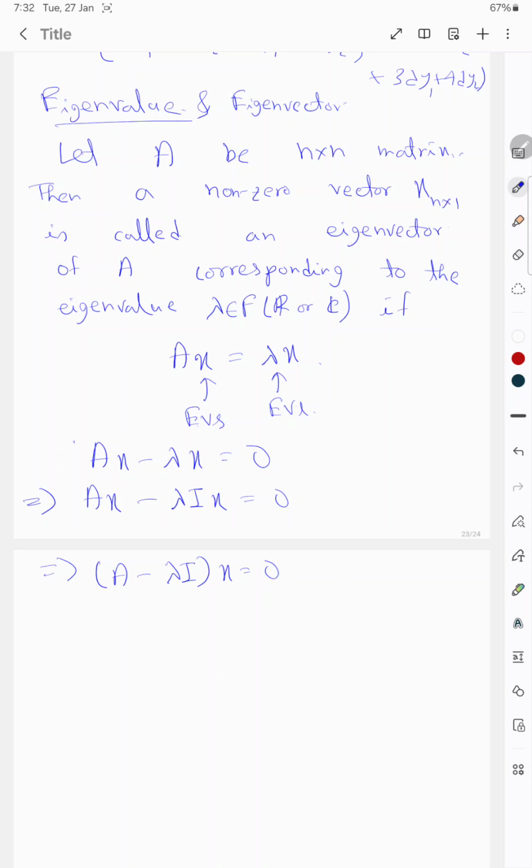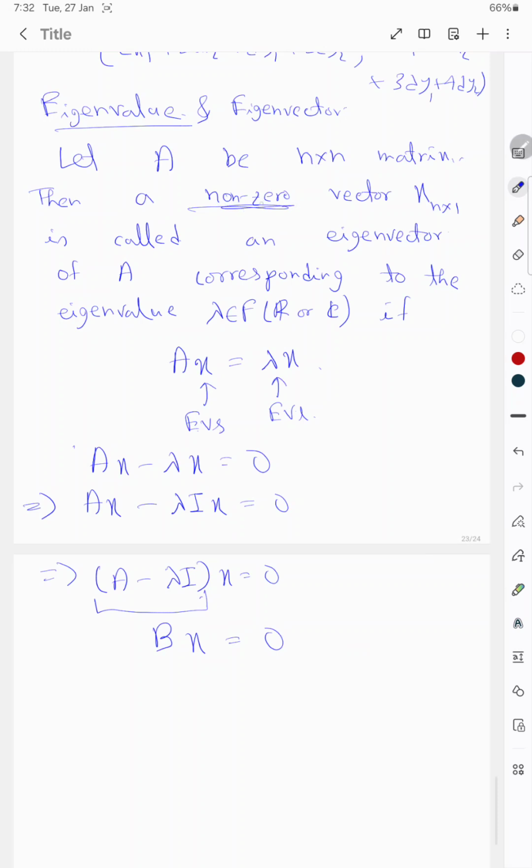So what is this saying? Consider a new matrix, suppose this is your B, and you have Bx equal to 0. You see x equal to 0 is always a solution, but you are not interested in the zero solution, because you want a non-zero x.